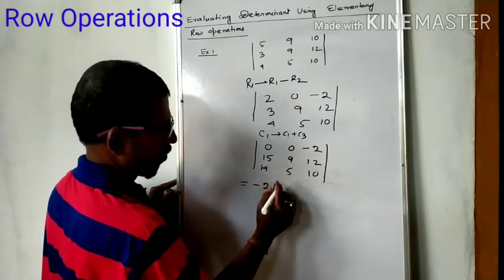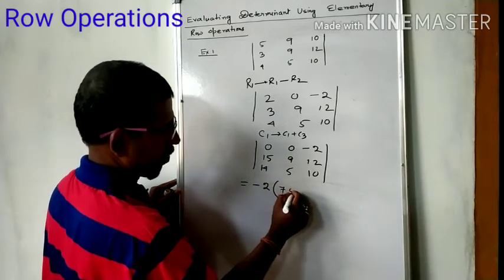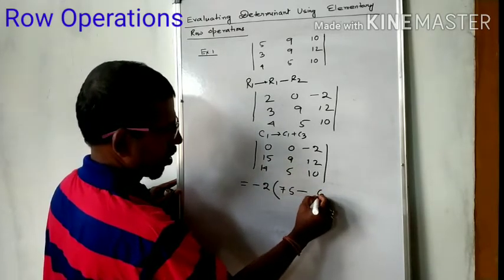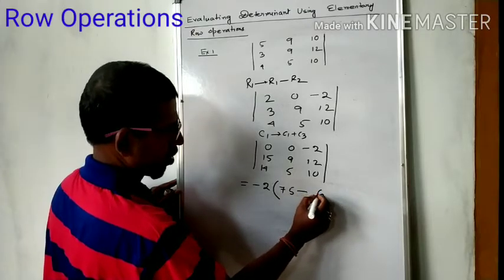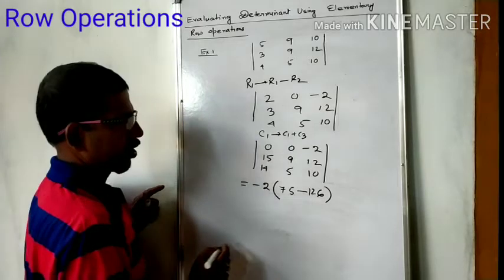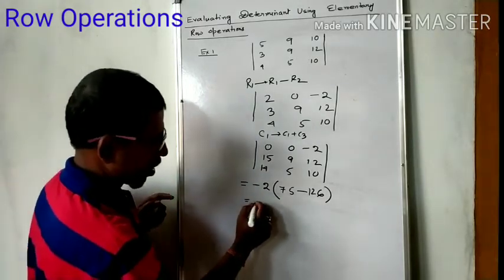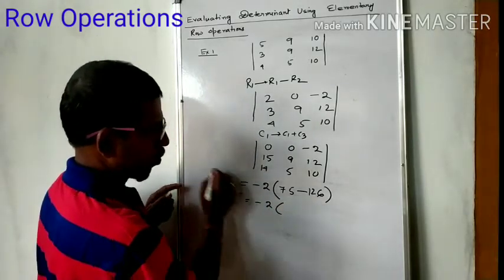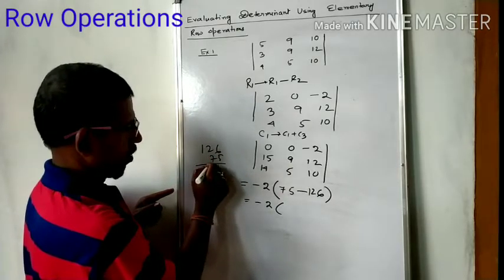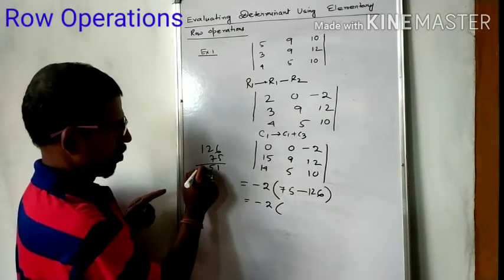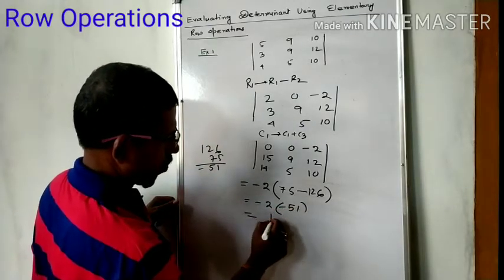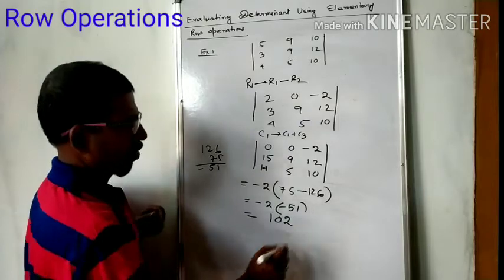This will go: 5 times 15 is 75, then minus 49 are 126. Now if you subtract 75 minus 126, it will be minus 51. So 102 is the answer of this question.